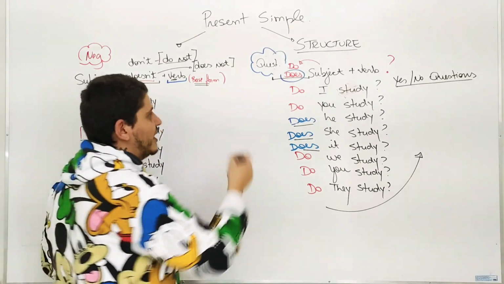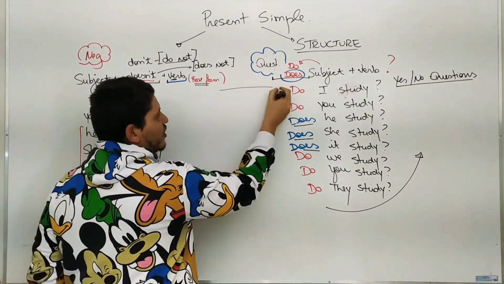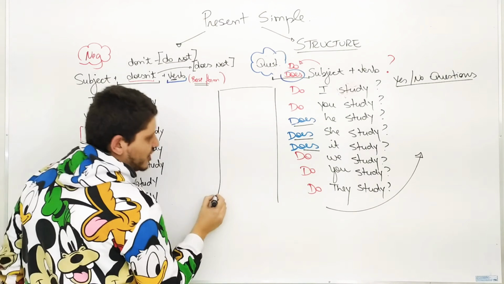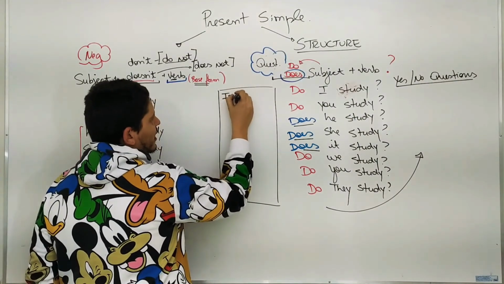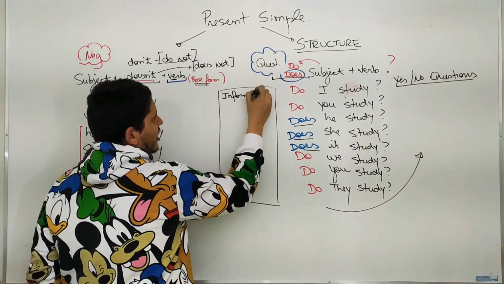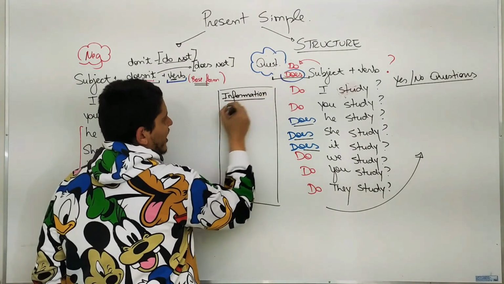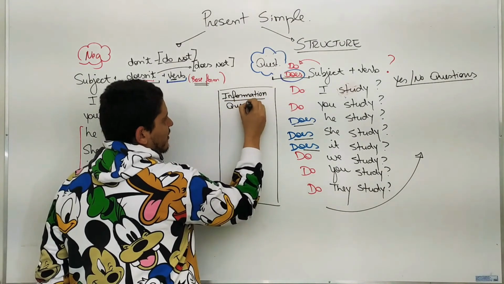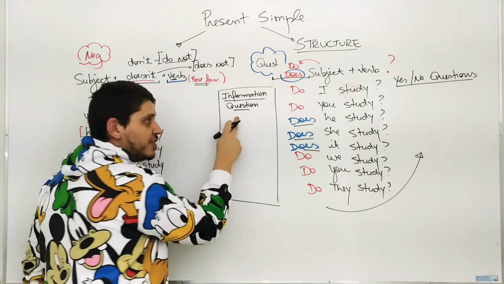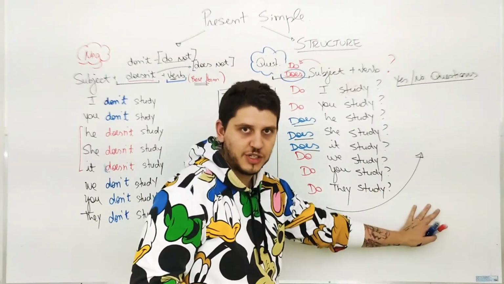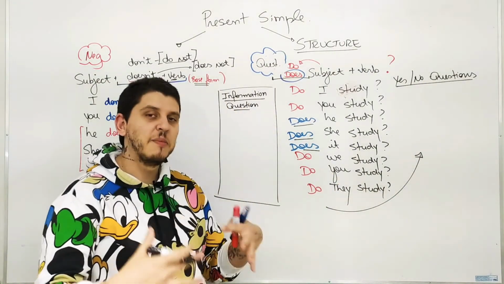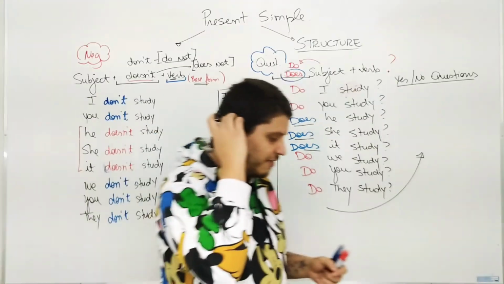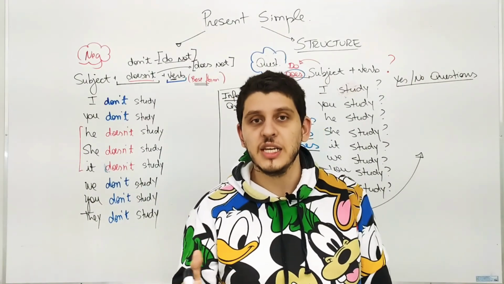But if you want to ask information questions, if you want to ask an information question, not a yes, no question, a question that you need some more details. For example, if I ask, where do you study?